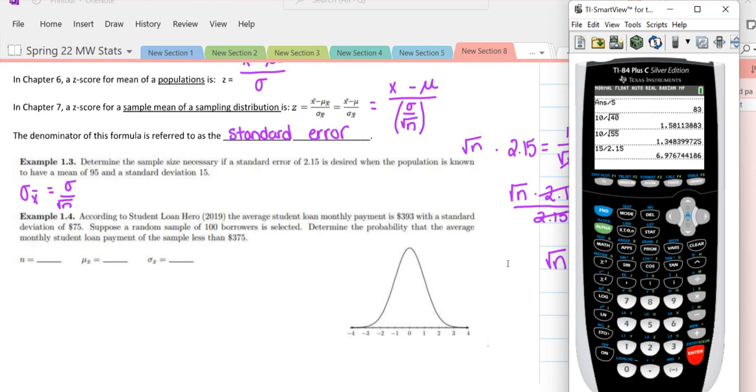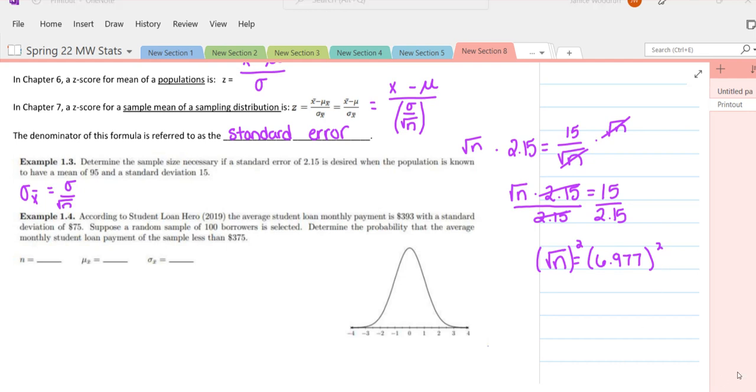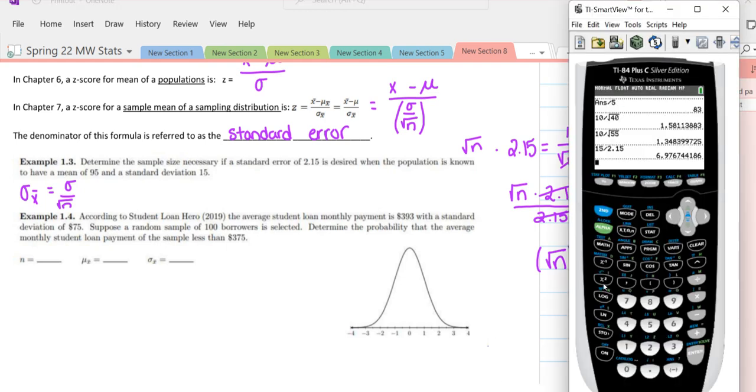That's going to give me 6.977. And then I'm going to take that and square it to get rid of that square root. Just hit that squared button, answer squared: 48.675.